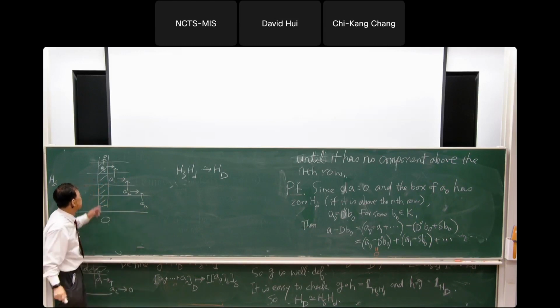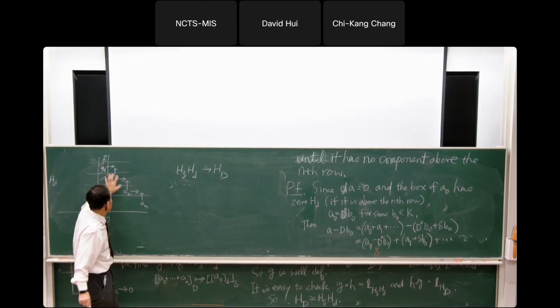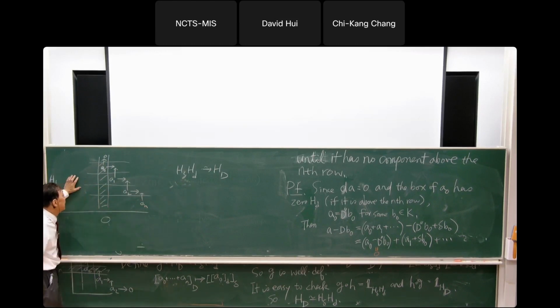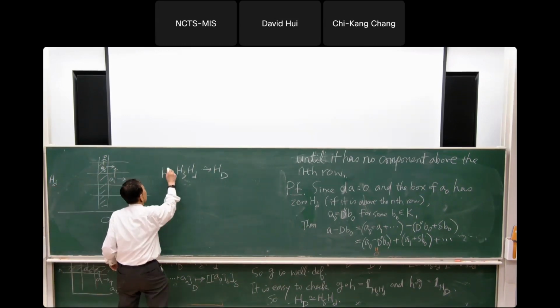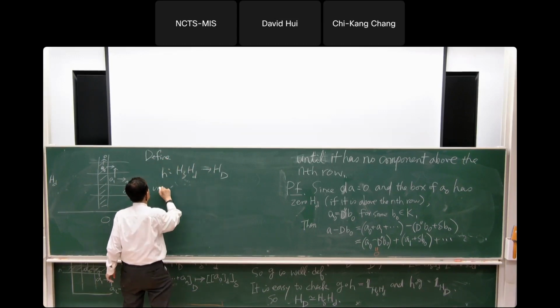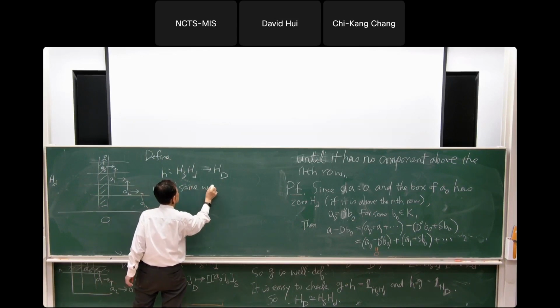Exactly the same argument allows you to extend an element here to a cocycle, okay? So that will give you a map. So we can define H in the same way as before.